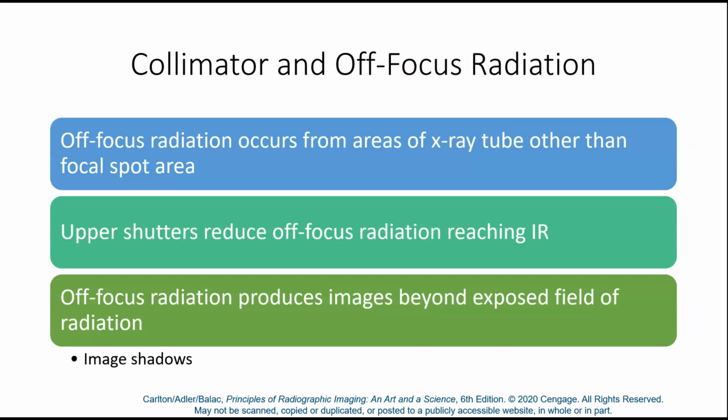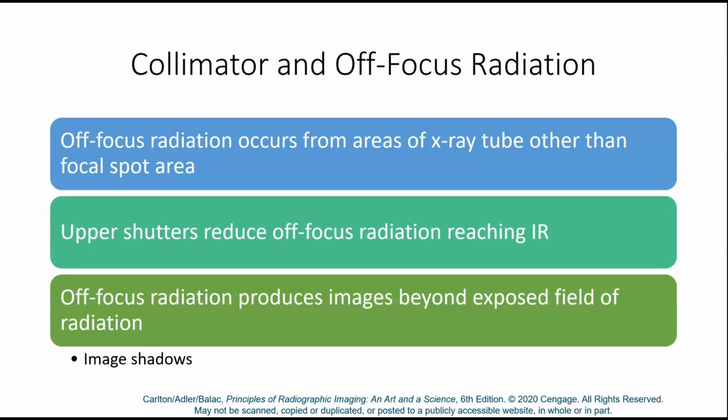So if we look at collimator and off-focus radiation, we have off-focus radiation, there's nothing we can do about it. So when you take an image and you see the ghosting outside of your collimated field, you can see some exposure, that is your off-focus radiation, okay? So off-focus radiation occurs from areas of the X-ray tube other than the focal spot. So the electron is hitting on the anode in any other place other than the focal spot or focal track.